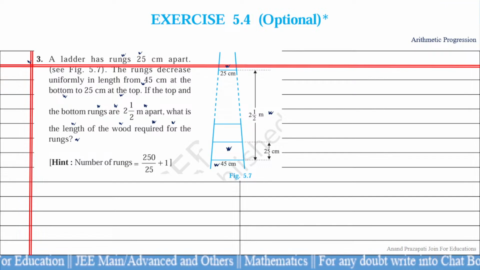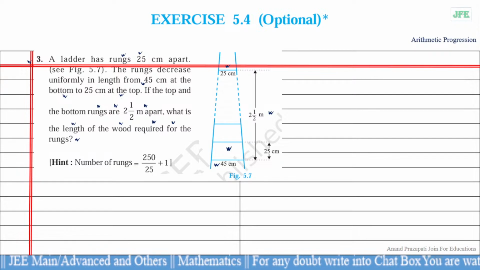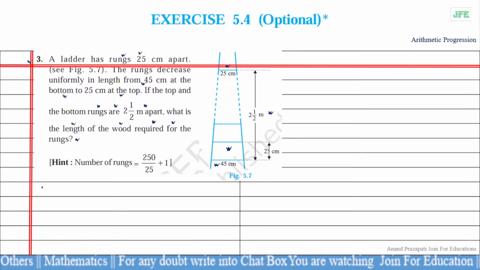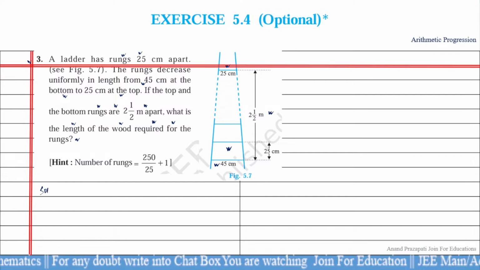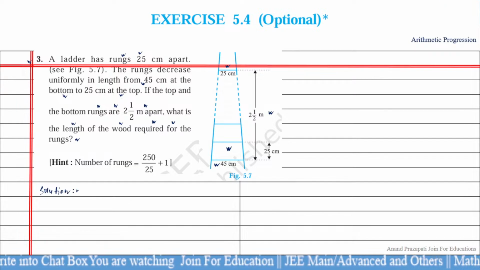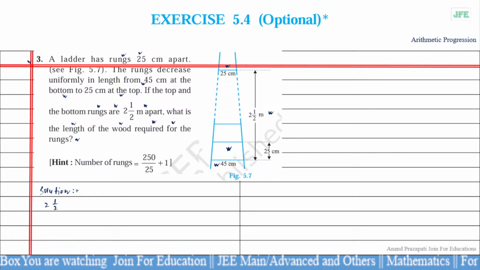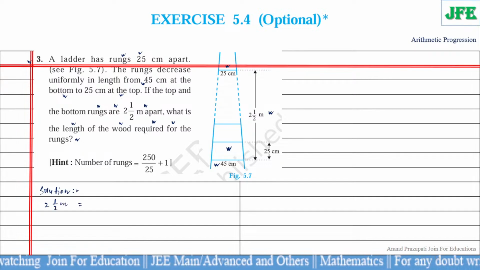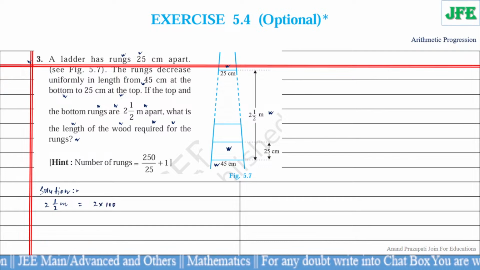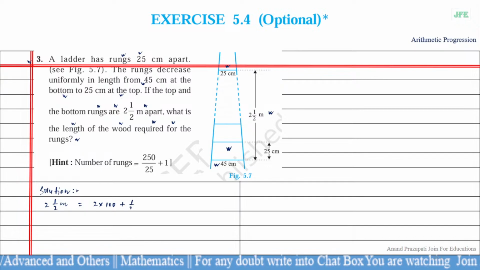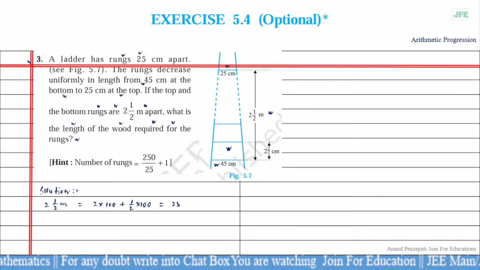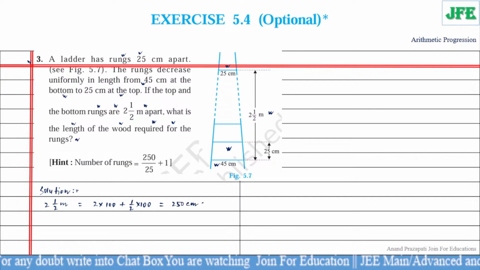Let's see the solution of this question. In this question ask us Sn. So first of all we find out number of rungs. So first of all we convert 2.5 meter into centimeter, then this one will be 2 into 100 plus 1 by 2 into 100 equal to 250 centimeter.